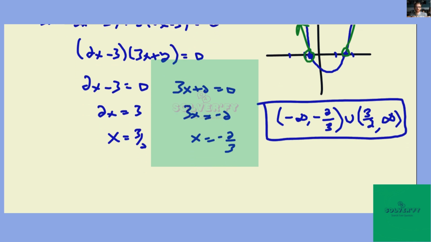If you don't use interval notation, then you would say x is less than negative 2/3 or x is greater than 3 halves.